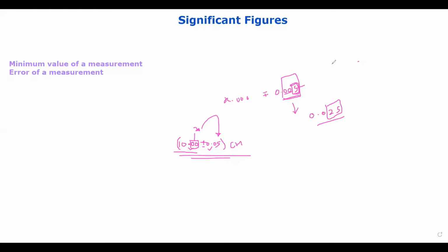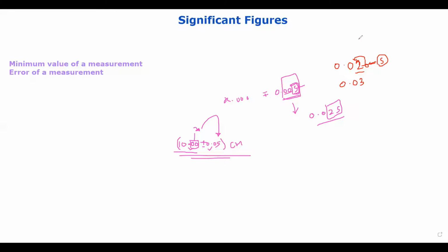Imagine this is the error, 0.026. No problem. We can easily round off this 6 to 2. This 6 is greater than 5, so we add 1. So the error is 0.03 because 6 is greater than 5.